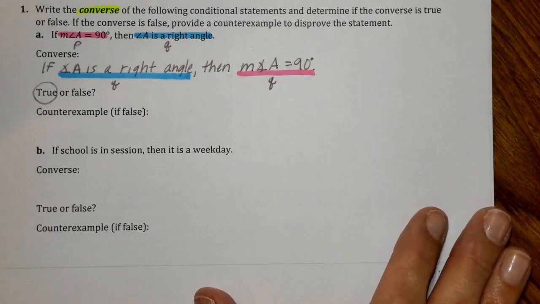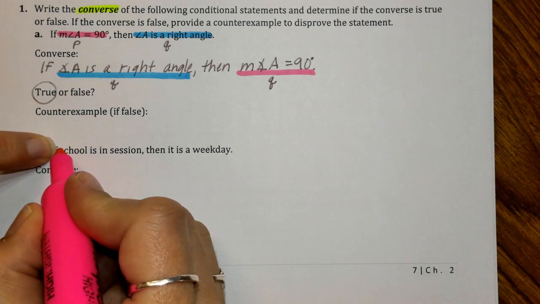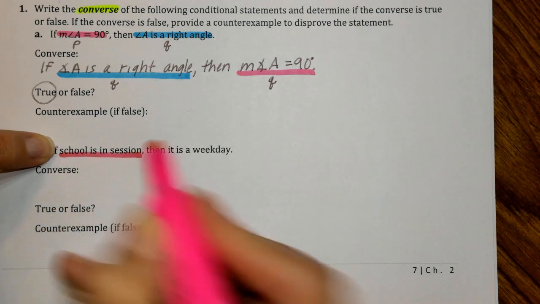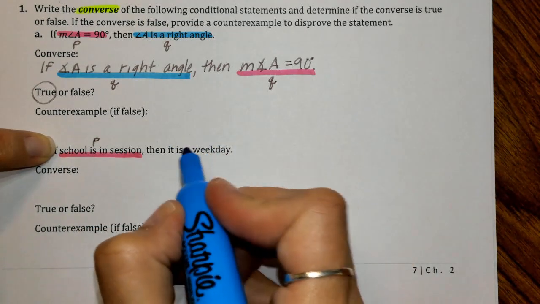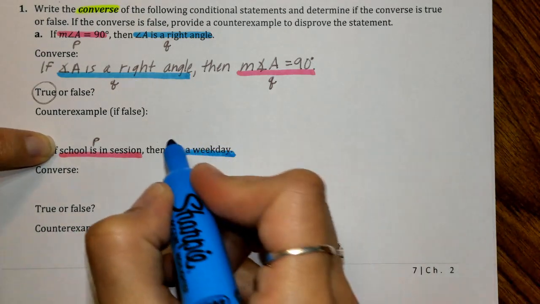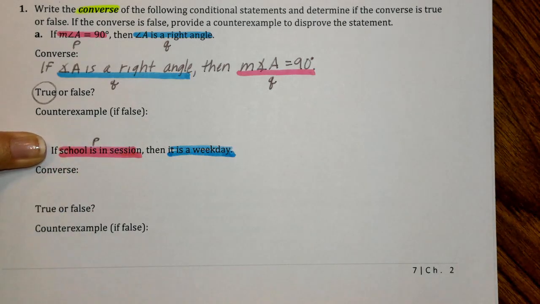Let's look at B. If school is in session, then it is a weekday. After if, just the words school is in session. There's your hypothesis, P. It is a weekday. That's going to be your conclusion, Q. Again, you do not see me highlighting if or then because you're not supposed to.